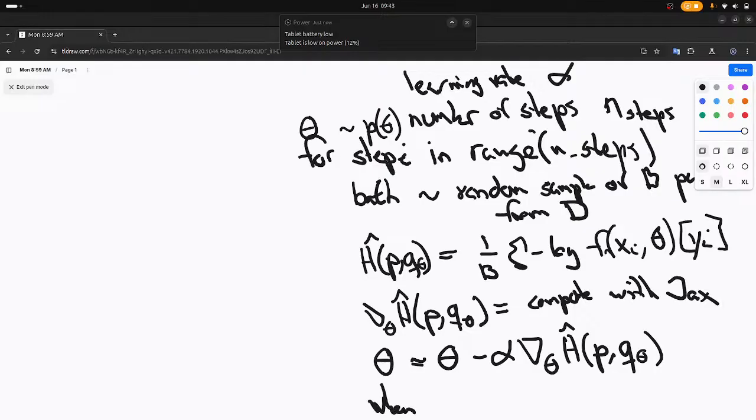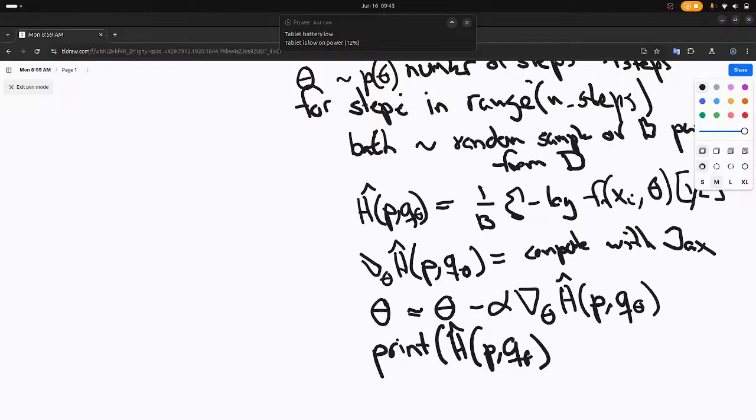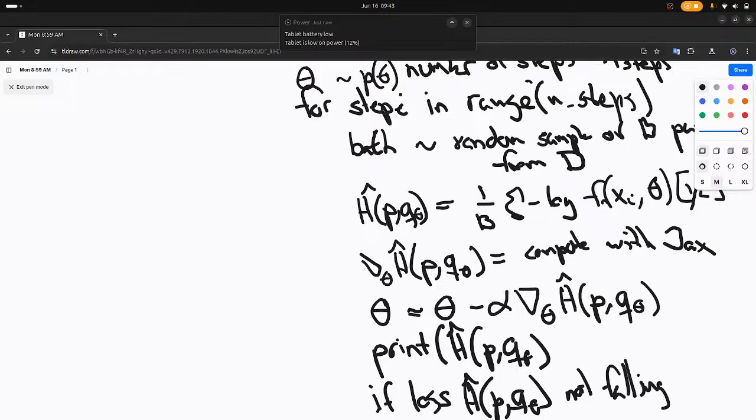Maybe I print the loss, print the cross entropy, and once I have this, then I will see if the loss H PQ theta is not falling so much, stop.